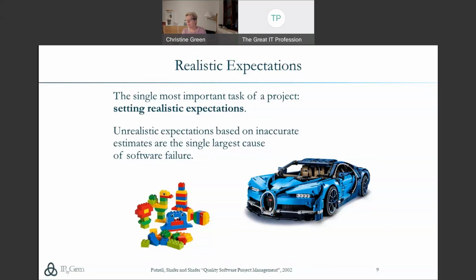So even though we are going in new directions, we still haven't nailed the issue of setting realistic expectations and creating good and reliable and accurate estimates that we can track along the project life cycle.